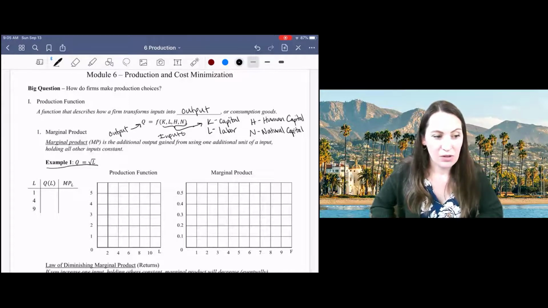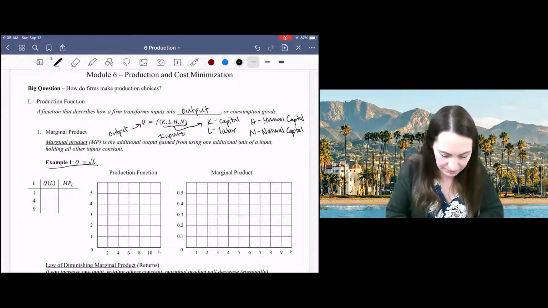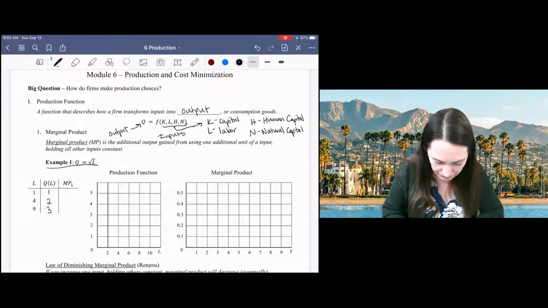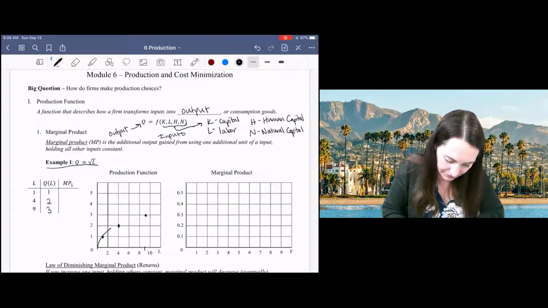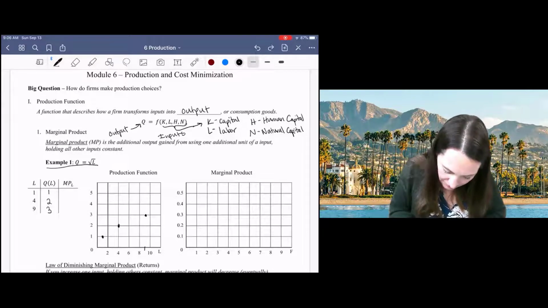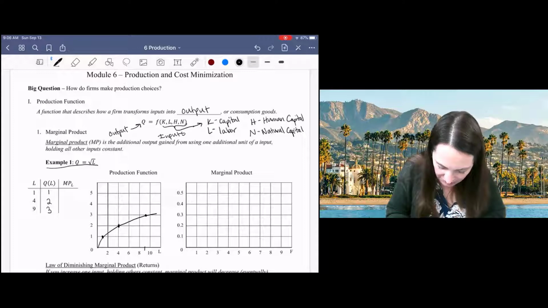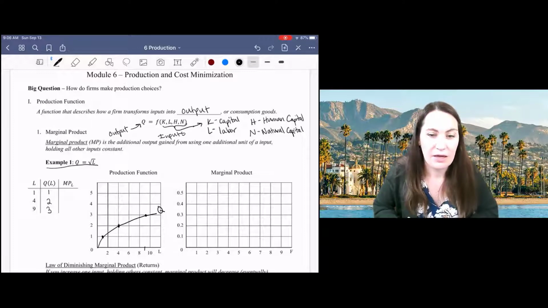We can do that by plotting the production function. So I've got some numbers here that are easy to take the square root of: 1, 1, 4, 2, 9, 3. And you can see that our production function here has a concave shape.